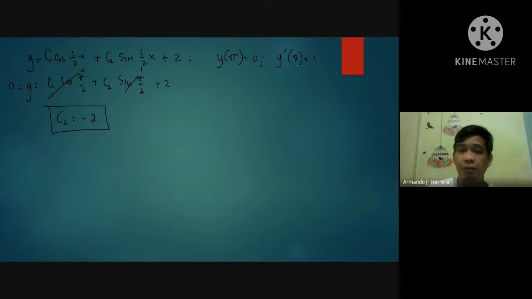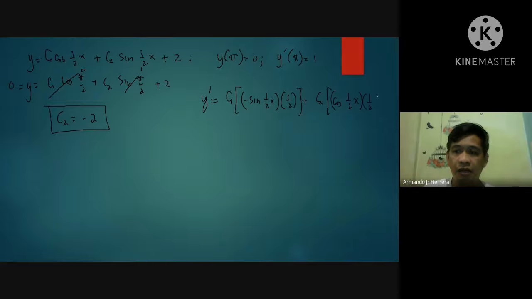So since y prime of pi is equal to 1, then solving for y prime, that is c1, derivative of cosine is negative sine 1/2 of x times 1/2, plus c2, derivative of sine is cosine 1/2 of x times 1/2, plus, of course, 0 because derivative of 2 is 0. Then y prime of pi is equal to 1.